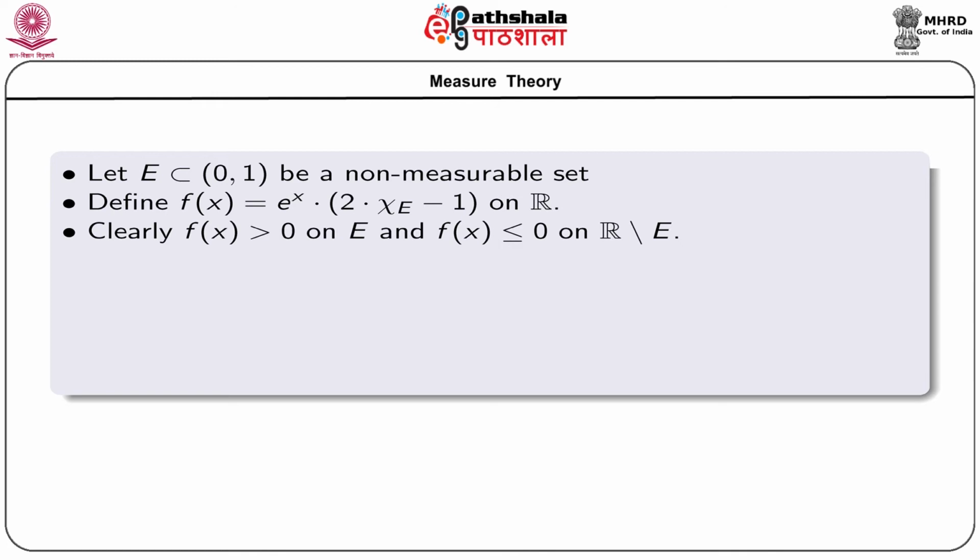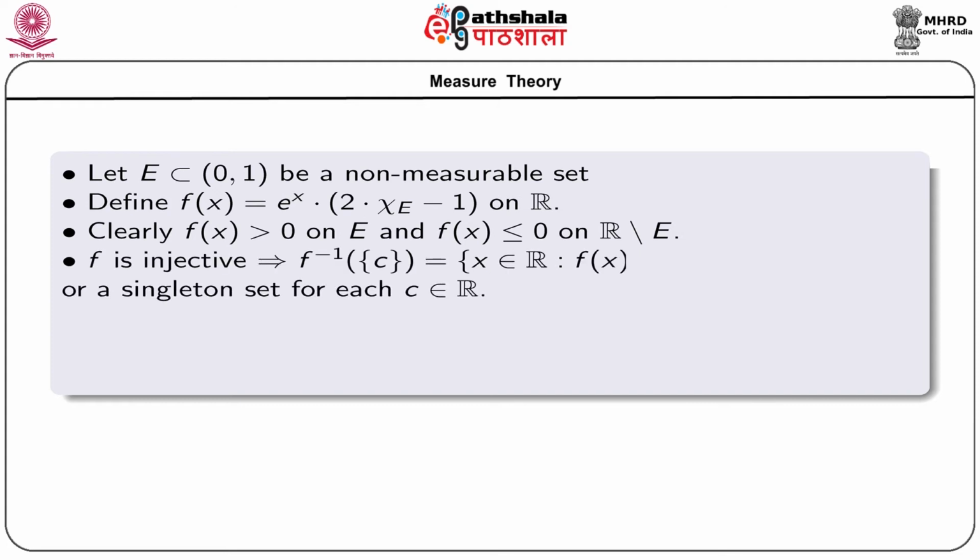Clearly, the function takes positive values at all points of E and f(x) is less or equal to 0 on R minus E. f is also injective, and consequently f inverse of the singleton set {c}, that is the collection of all x belonging to R where f(x) is equal to c, is either empty or a singleton set for each c belonging to R, and in each case this set is measurable.